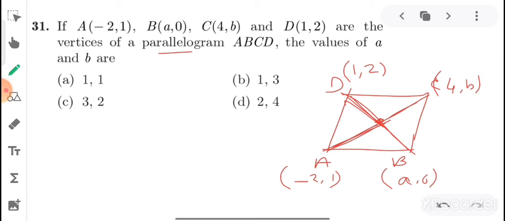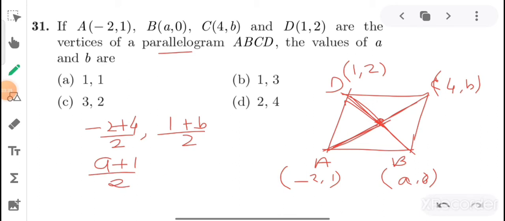Then midpoint of AC will be ((minus 2 plus 4) by 2, (1 plus b) by 2), and midpoint of diagonal BD will be ((a plus 1) by 2, (0 plus 2) by 2).